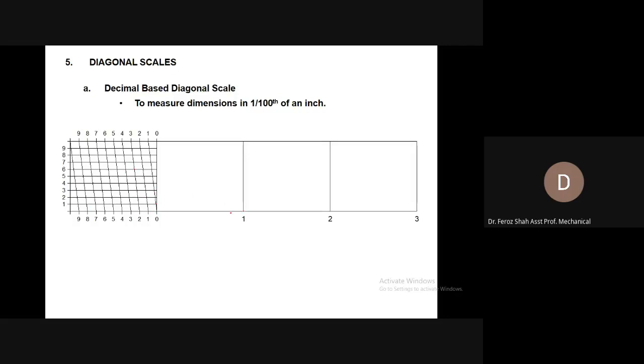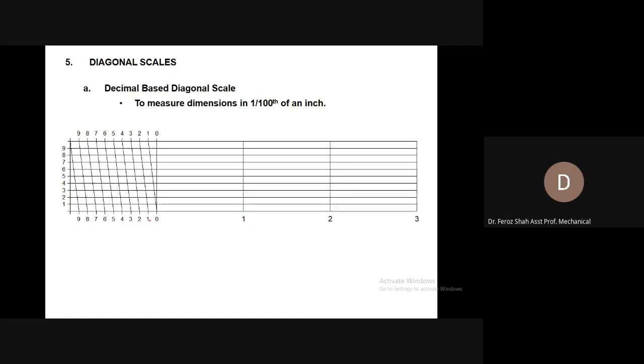The other would measure the whole inch, from 0 to 1, 1 inch, from 1 to 2, 2 inch, and 3 inch. So, for example, if you are given 1.37, you knew that from here to here that was 0.37, and join 1 inch with that, so that would become 1.37.